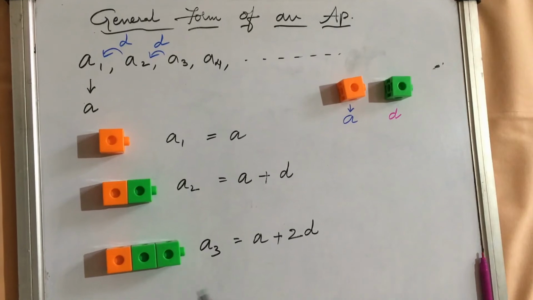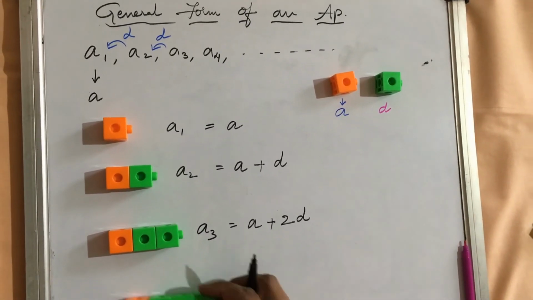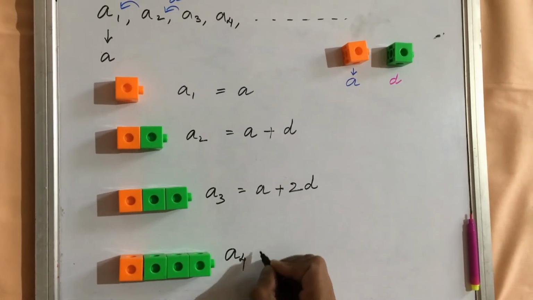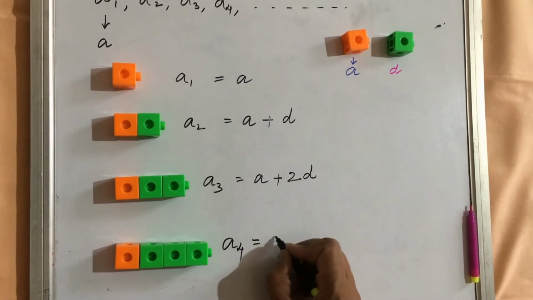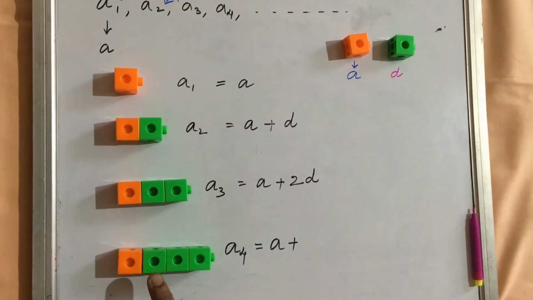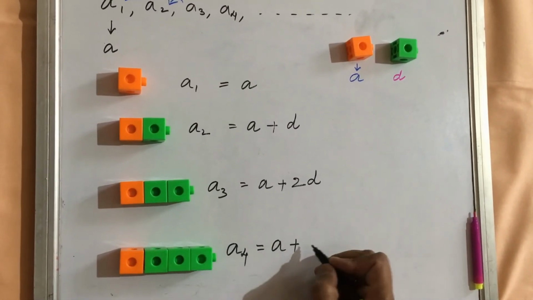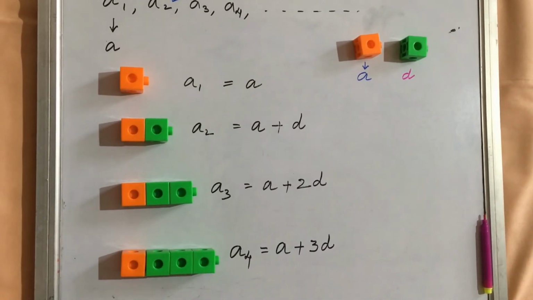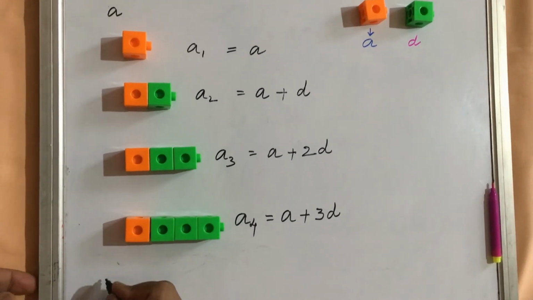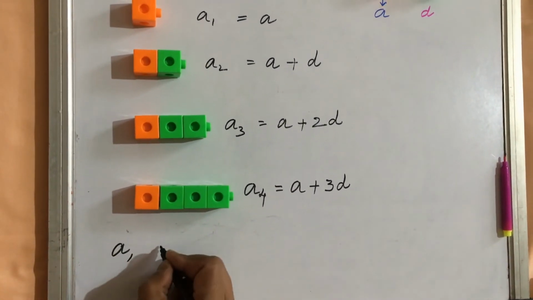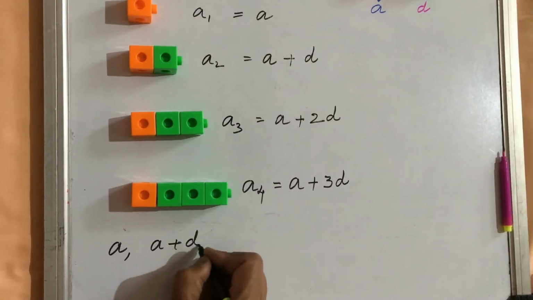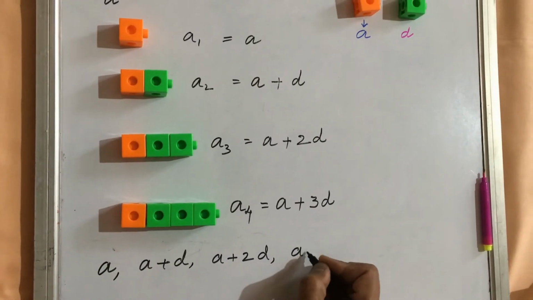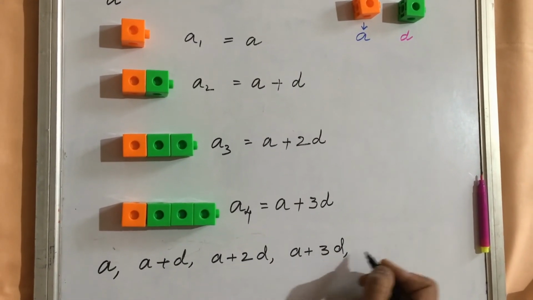Same like that, next we can get a4, which is nothing but a, and how many d's are there in it? 1, 2, 3. 3d. So we can generate in this way the general form of the AP as a, a plus d, a plus 2d, a plus 3d, and so on.